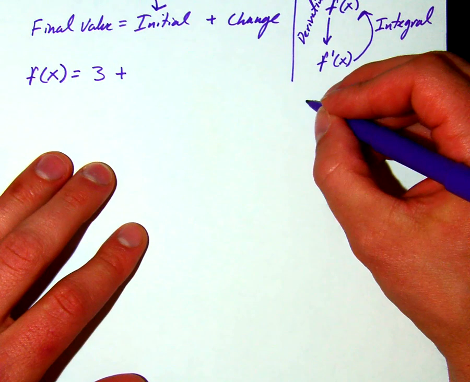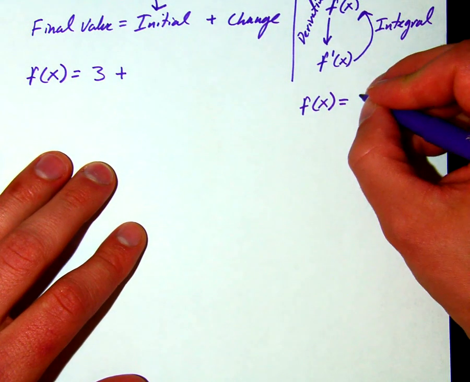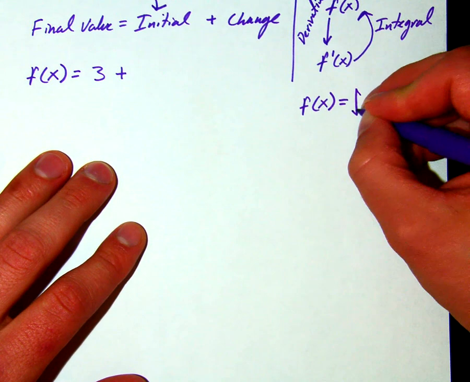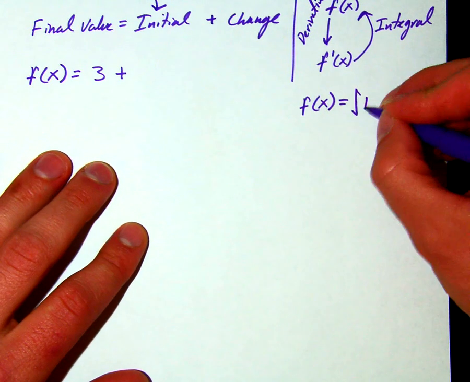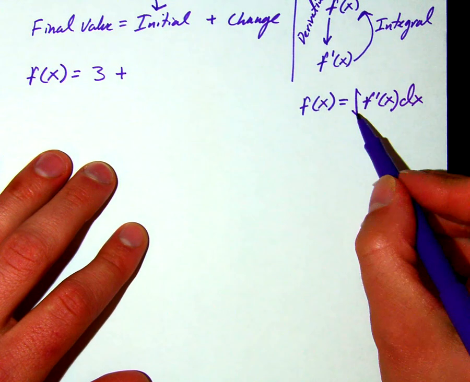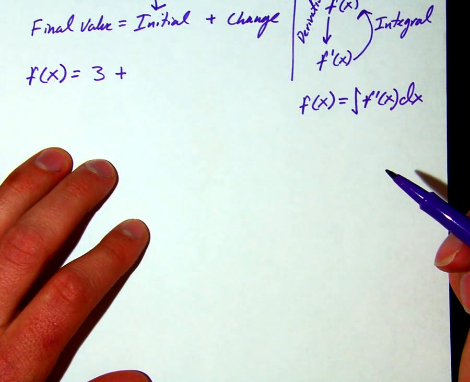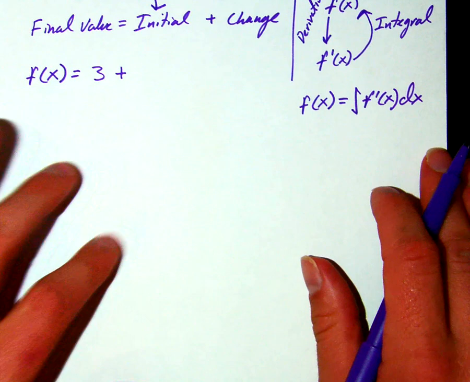This means that f of x is equal to the integral or antiderivative of f prime of x dx. Okay? If I took the integral of f prime, I would end back up at f.